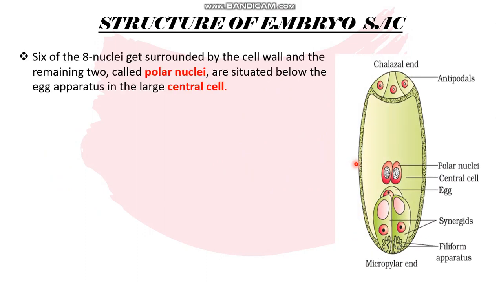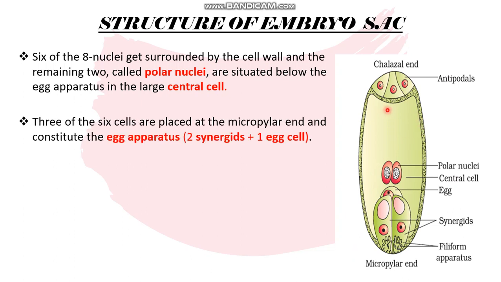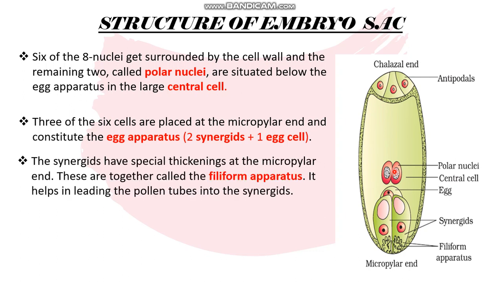An embryo sac consists of 7 cells and 8 nuclei. How? You can see 3 antipodals, 2 synergids, 1 egg cell. So that is 6, and in the center there is the central cell. So it is a 7-celled, 8 nucleate structure. 8 nuclei because in the central cell there are 2 nuclei present.